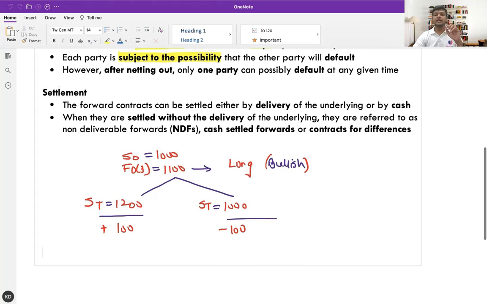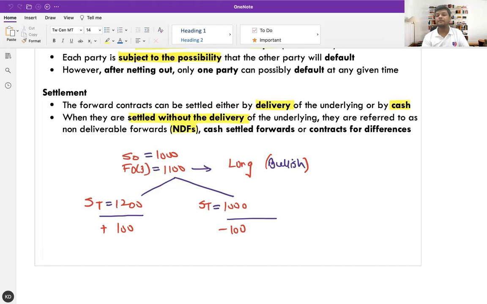On maturity, the settlement of the contract can be either by delivery or by cash. Clear? Now, delivery means physically exchanging the asset by paying the entire amount. But when the settlement occurs without delivery, they are called non-deliverable forwards.